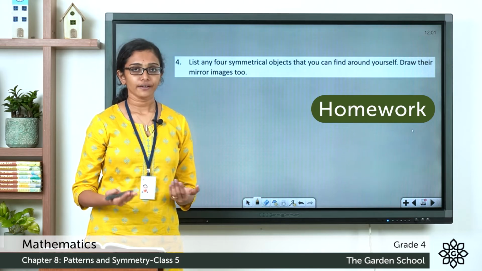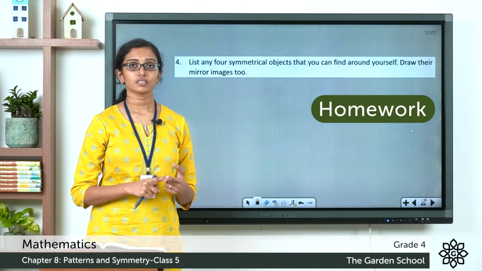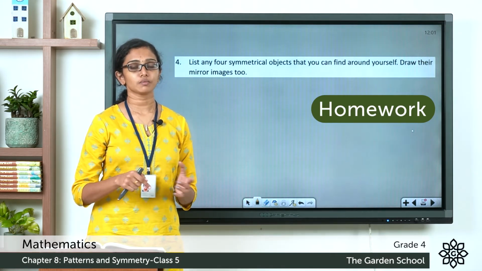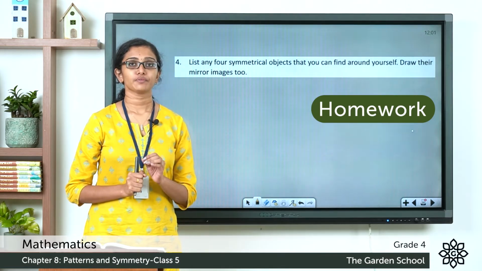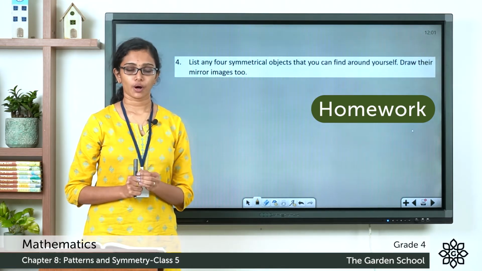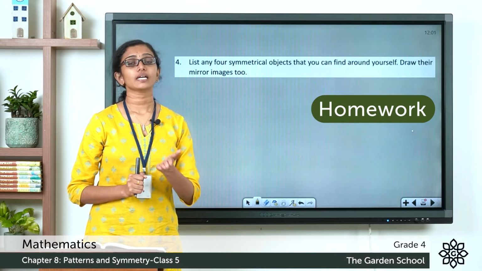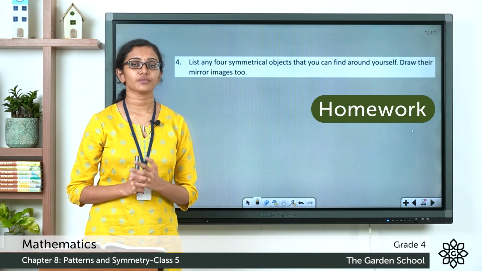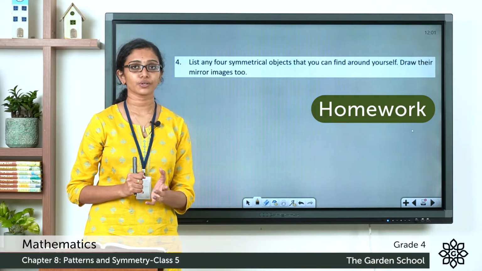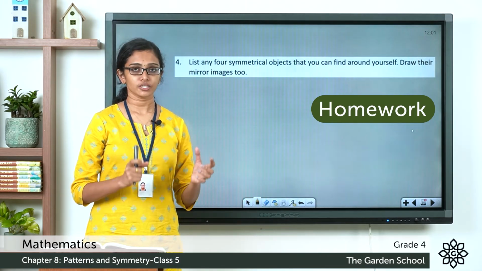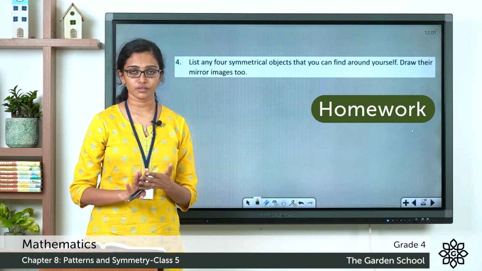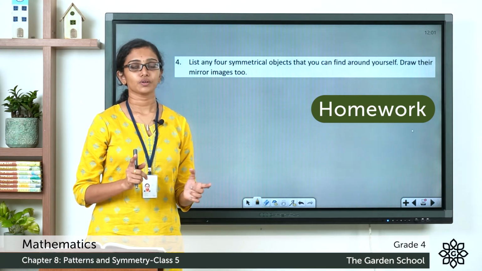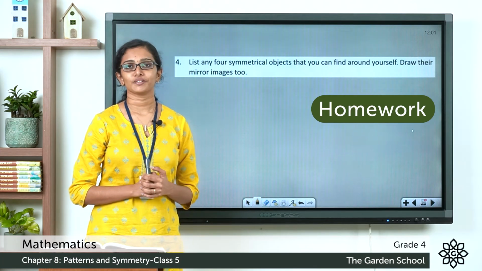Observe carefully around you and list out 4 items which are symmetrical. You have to draw these 4 objects in your notebook. You also have to draw their reflection, how they would appear in a mirror, also called mirror images.